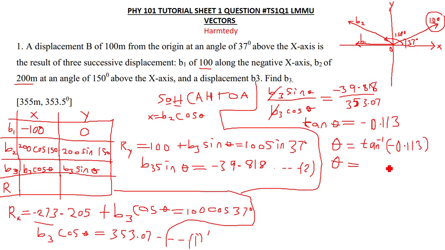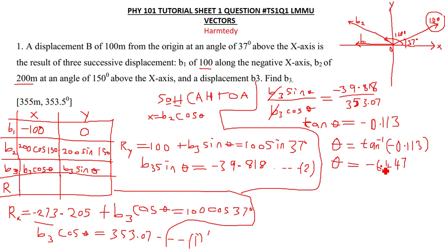So tan inverse of this, you get negative 6.447. So this is what you are going to get. Theta will be negative 6.447.